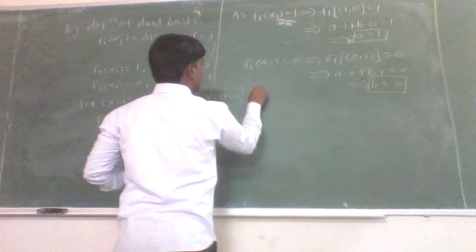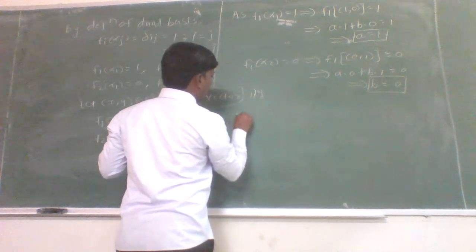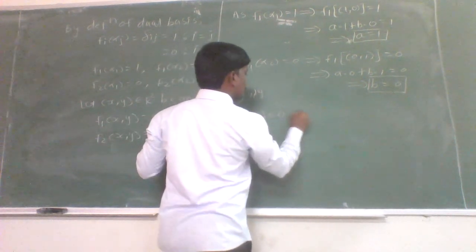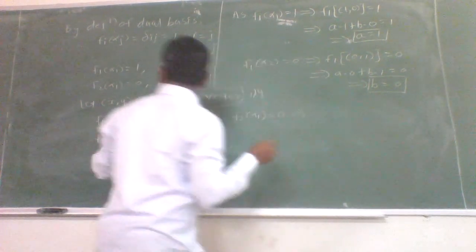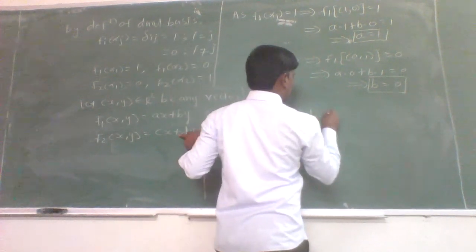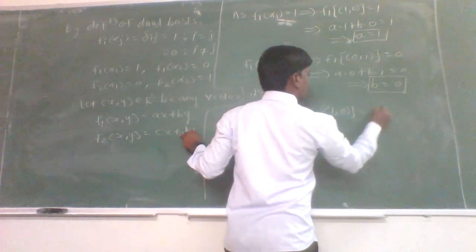Again, similarly, F2 of alpha 1 is equal to 0, which implies F2 of (1, 0) equal to 0.